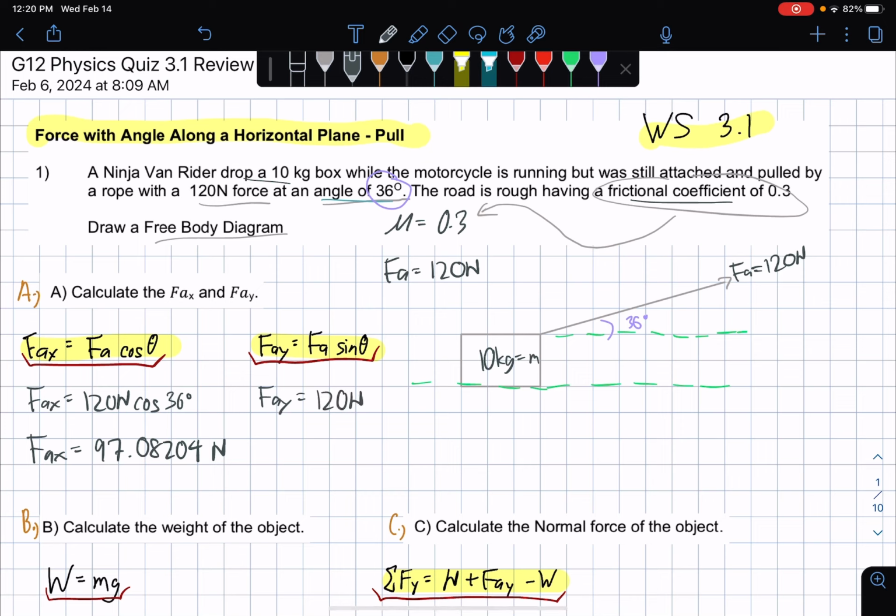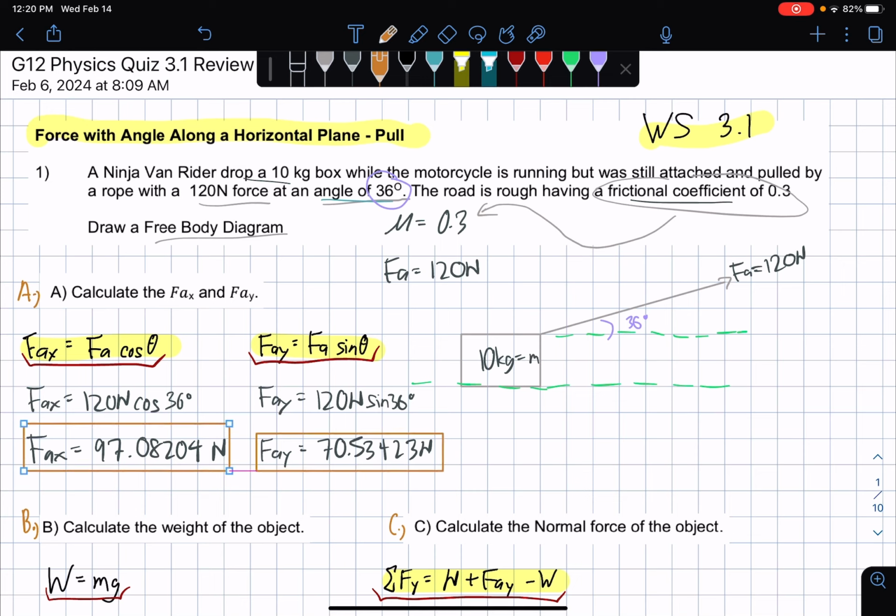For FAY, 120 newtons sine 36 degrees. What's the value? We have 70.53423 newtons. So we have already found FAX and FAY.